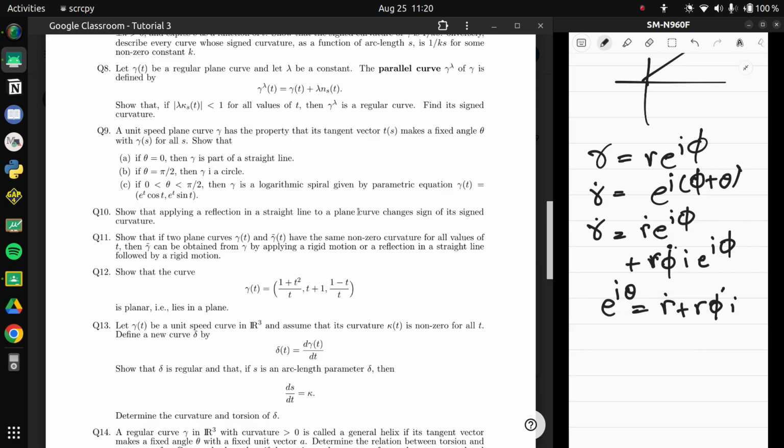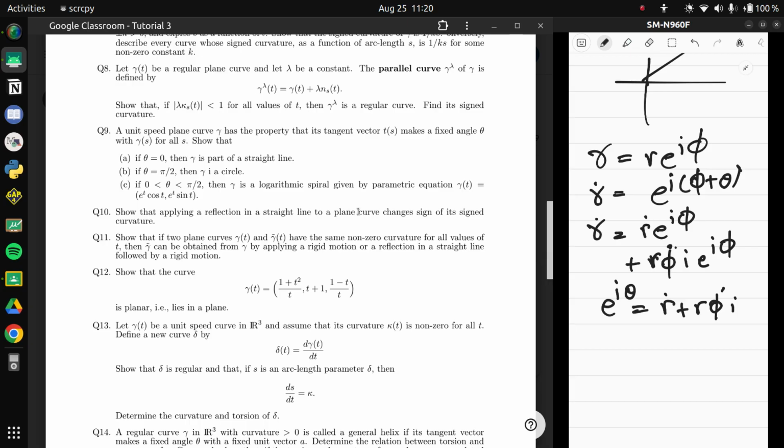Integrate with respect to what, by the way? So r can be thought of as a function of s. This is crazy, isn't it? So r dot is a constant quantity throughout, it seems.